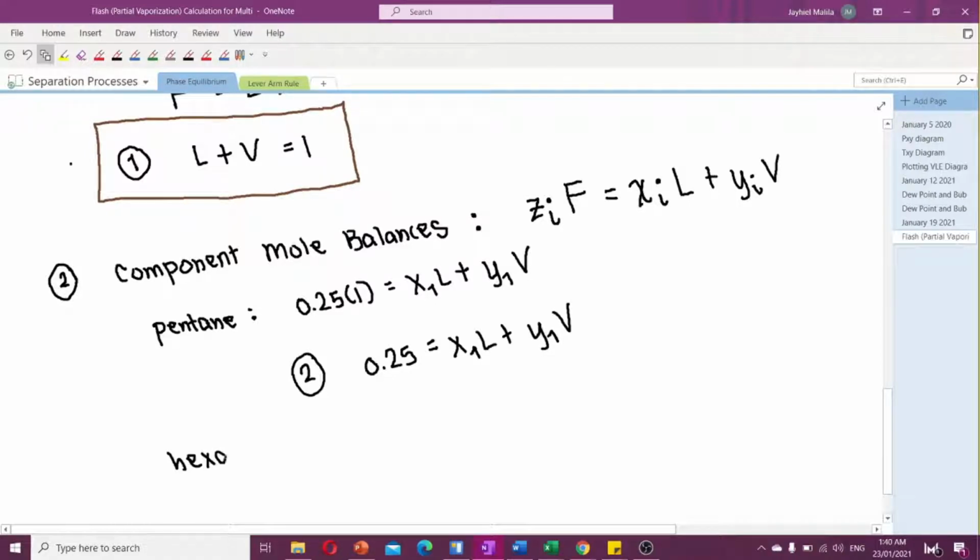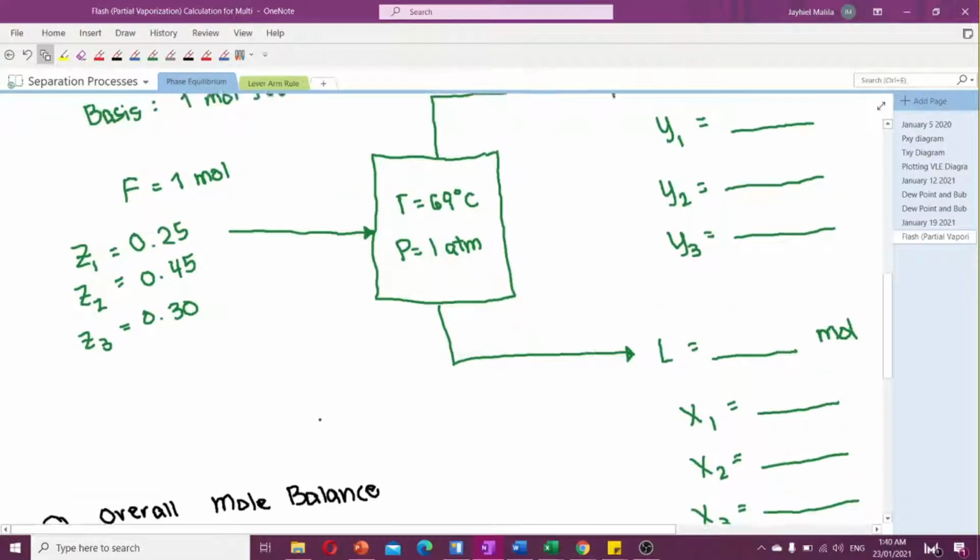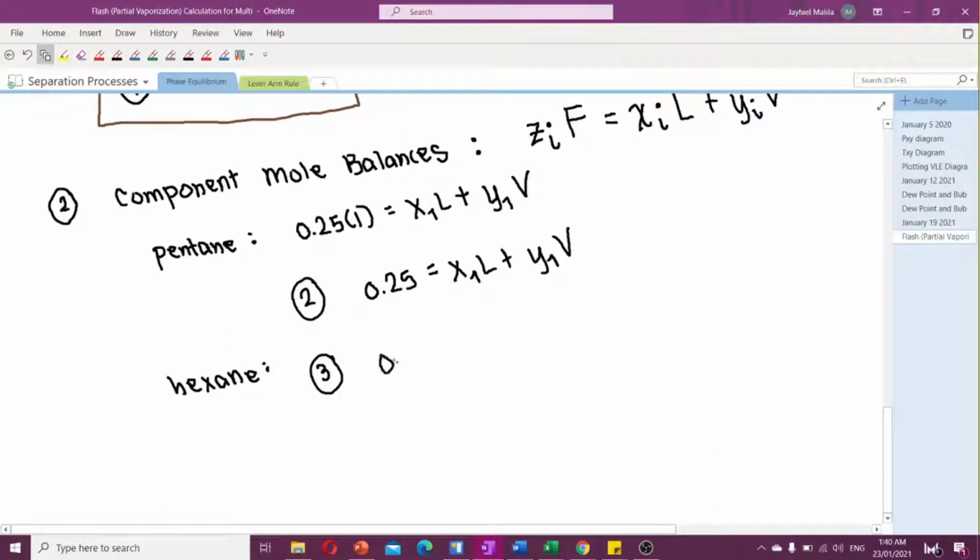I will not spend too much time establishing it in a slow manner, but I hope you will catch up as to why I am writing the component mole balances for the other components in this way. My handwriting seems to be skewed, inclining upwards. Apologies for that.